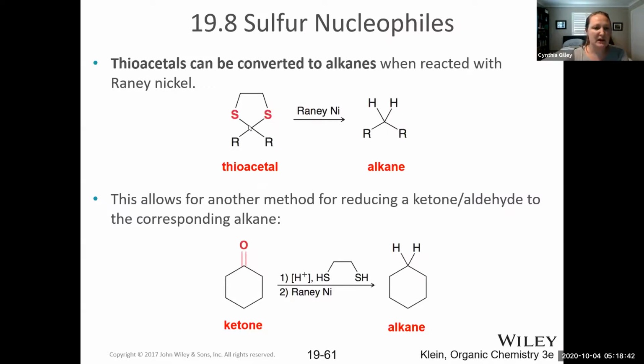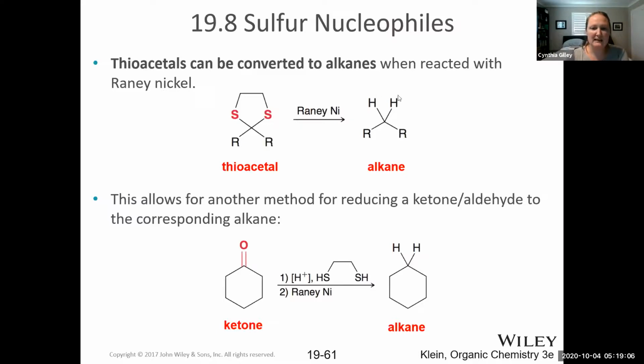So specifically, carbon-sulfur bonds are labile to mercury. And Raney nickel is a mercury aluminum amalgam, and we can reduce this bond and replace it with a hydrogen from an acid. So Raney nickel is acidic condition, so it's an alloy that's been impregnated with acid.